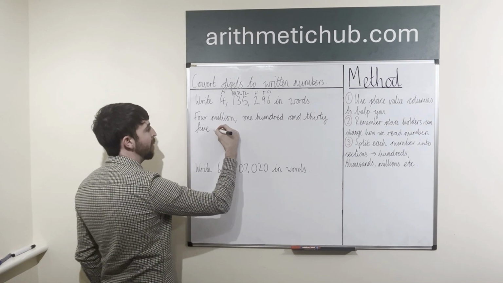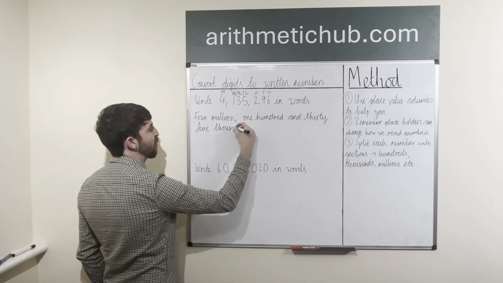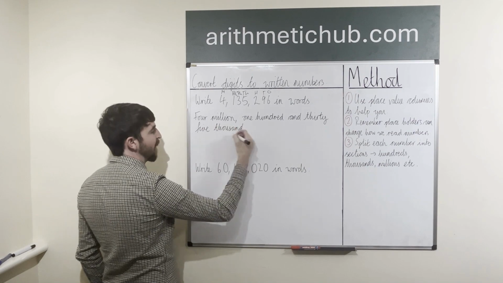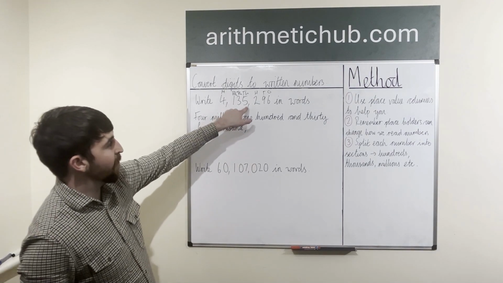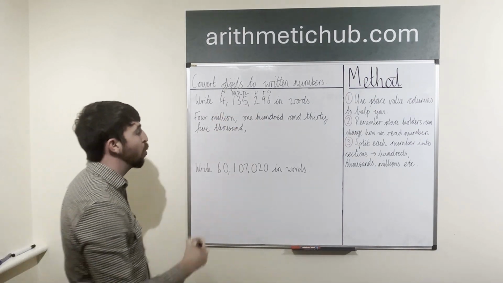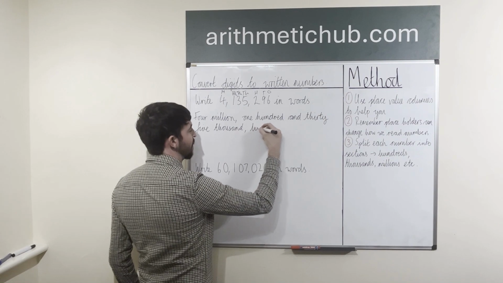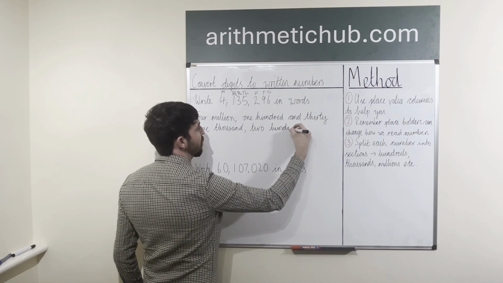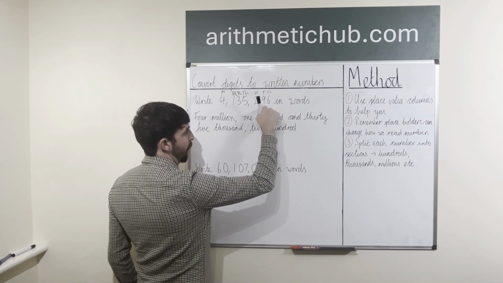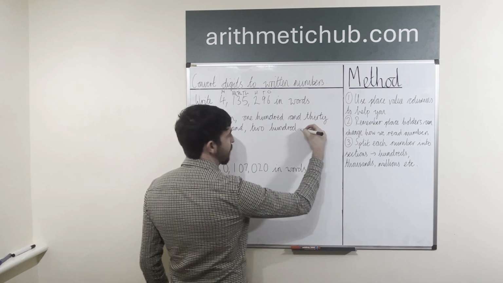We've got the comma there to tell us it's the end of the thousands section, okay? 4,135,296.